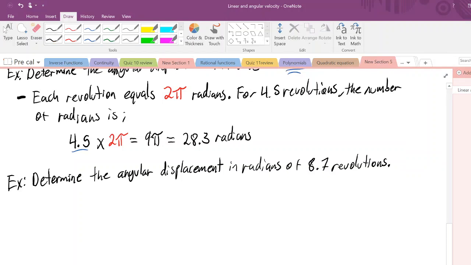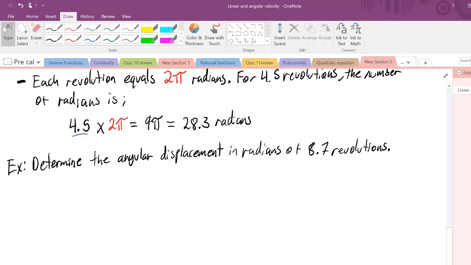So here's the same thing. This is extremely simple. One of the easiest things we've done. All you have to do is 8.7. You get that number that was given. All right. So right here, and then you multiply that by 2 pi. So this is equal to 54.7 radians. Alright, so this first one's pretty simple. Alright, all you're going to need to know is that you're multiplying the revolutions given times 2 pi.